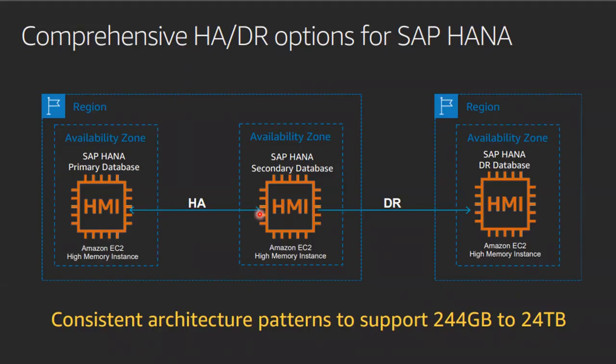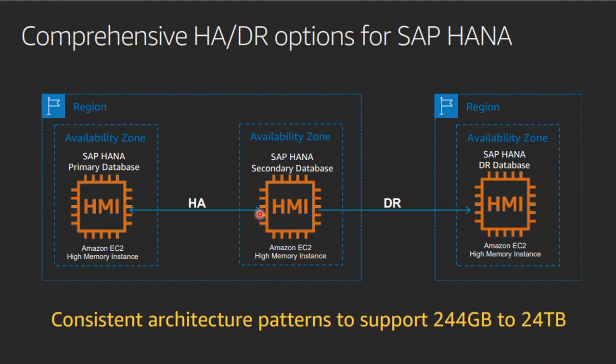If your production is running in Bahrain, you can have DR in Mumbai, or in Ireland, and the replication can be configured. It is possible to get private connectivity between these two regions. There are multiple options to establish it, so data will never go out. It will stay within the AWS data center.